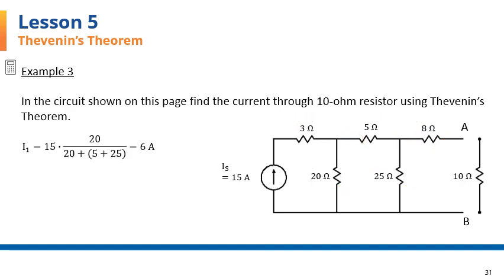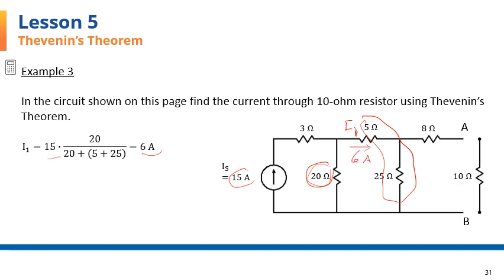calling that I1. You can see that I1 is equal to the total current, which is 15 amps, times 20 ohm divided by 20 plus 30, 30 being this branch, 20 being the resistance of this other branch. And if you do the calculation here, you see that I1 through here is 6 amps.